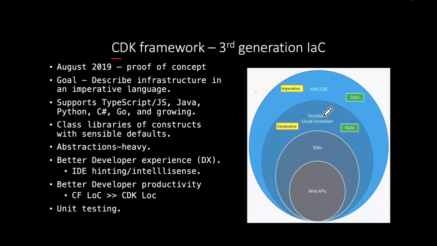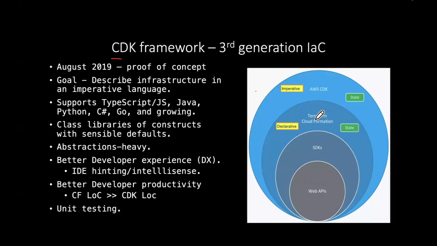What CloudFormation did was essentially it took care of communicating via the SDK to the web API for us. So now what we had to do as developers, we no longer had to write our own raw Python scripts.